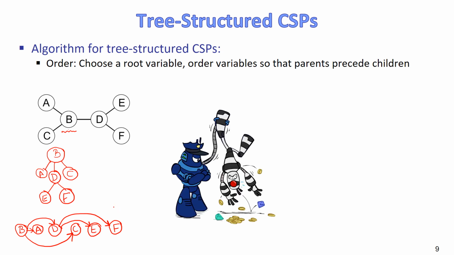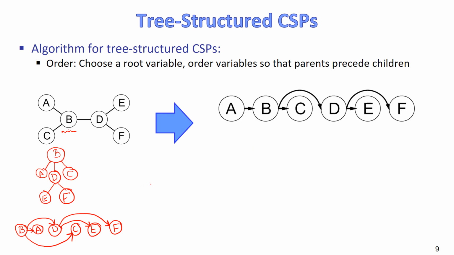Here is an example. This is like shaking the graph, and here we choose A to be the root.